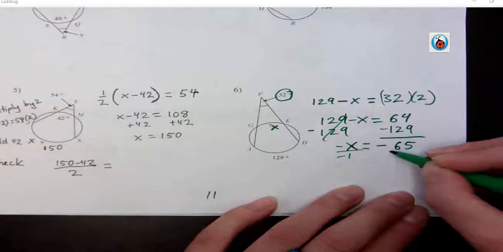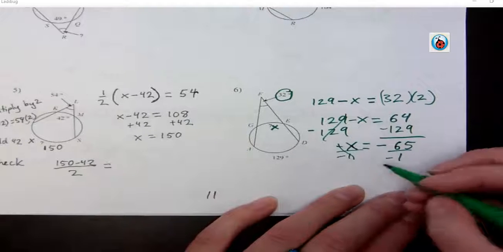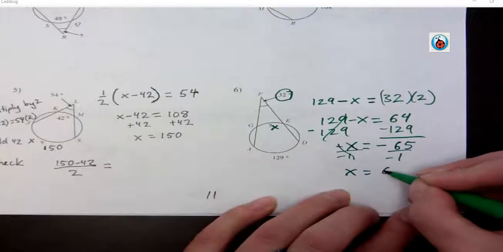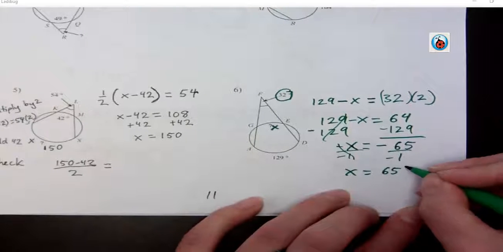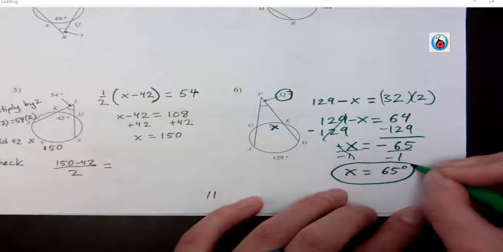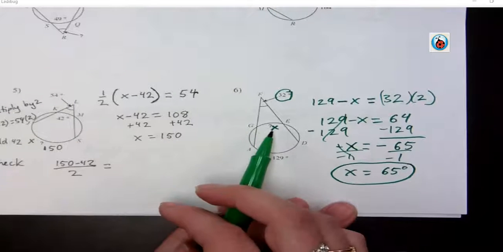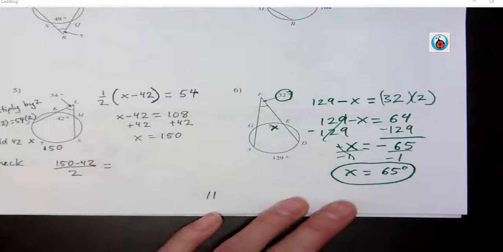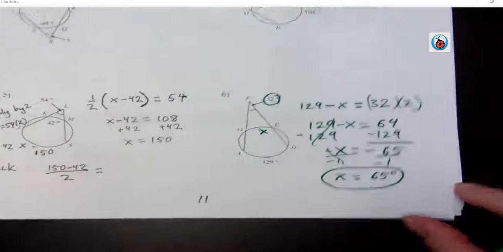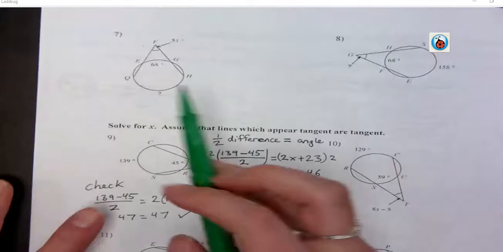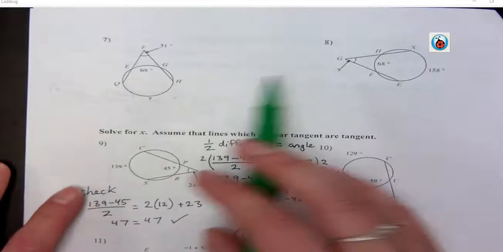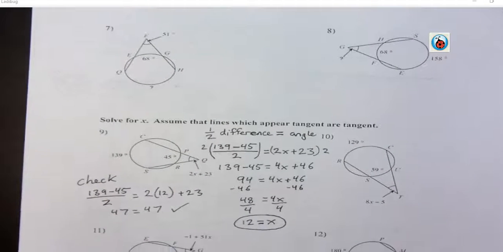And then we divide by negative 1 to make that positive, so that means x equals positive 65. And we check, yes, that's a logical length for that. So again, you have two problems to do here, so work those out on your own the same way.